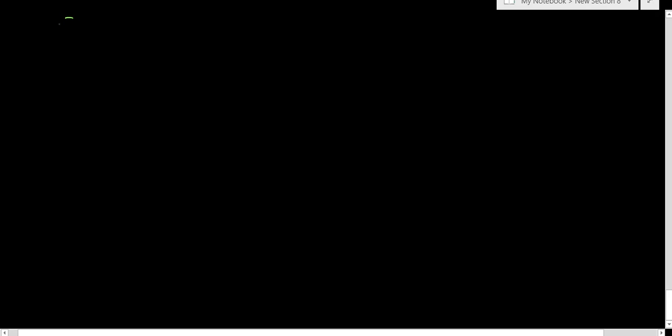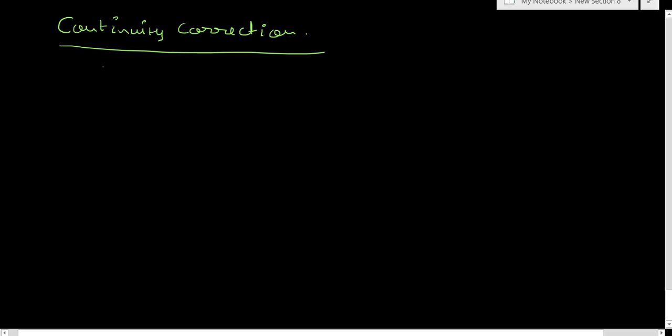So I am going to discuss this right now. What does continuity correction mean? What we are doing in this chapter is taking distributions such as binomial and Poisson, and approximating them using a normal distribution.